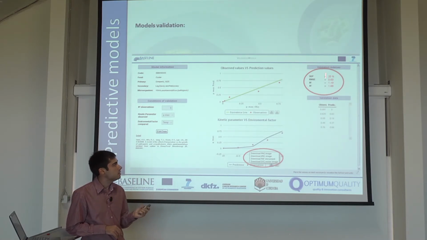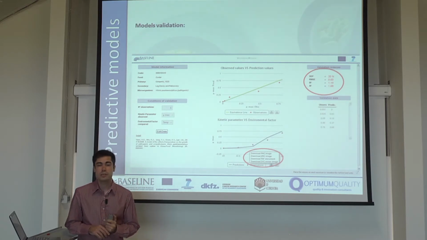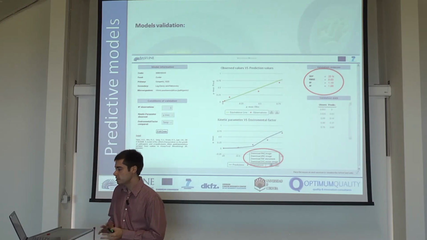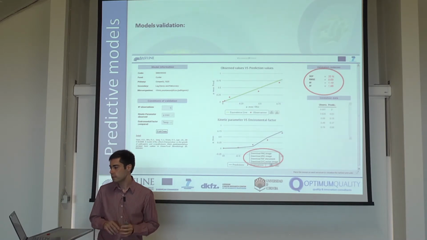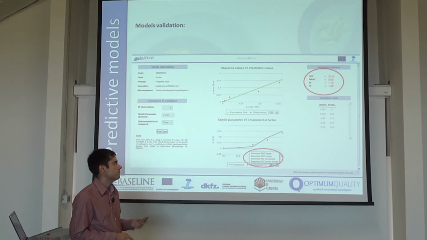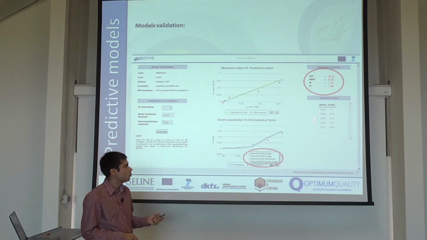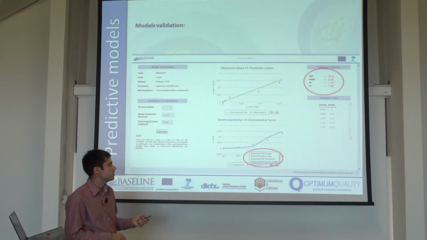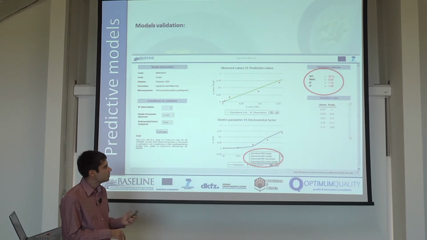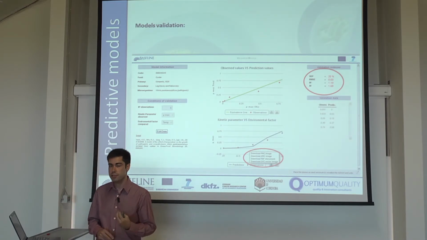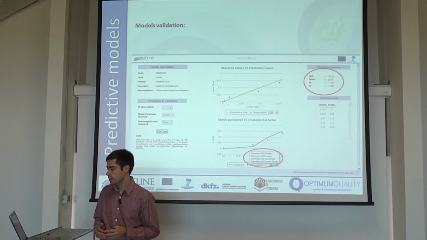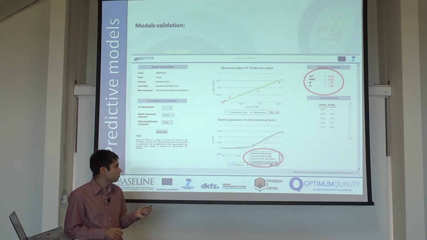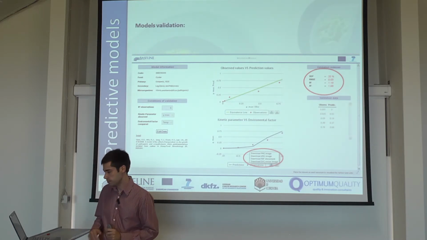These are validated by the different validation indexes: the standard error of prediction, the root mean square error, the bias factor, and the accuracy factor. These are the raw data, observations and predictions, and in this graph you can see a relationship between the kinetic parameter and the environmental factor. This graph, and also the other one, can be downloaded in different formats.